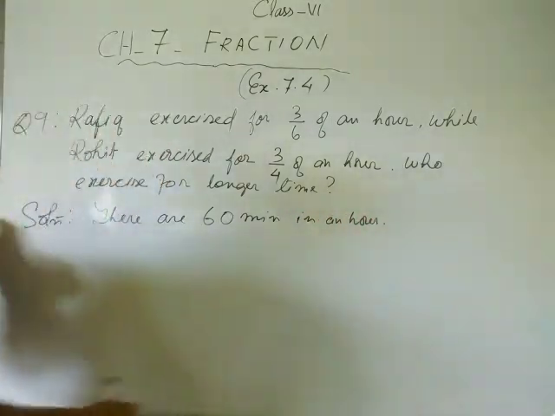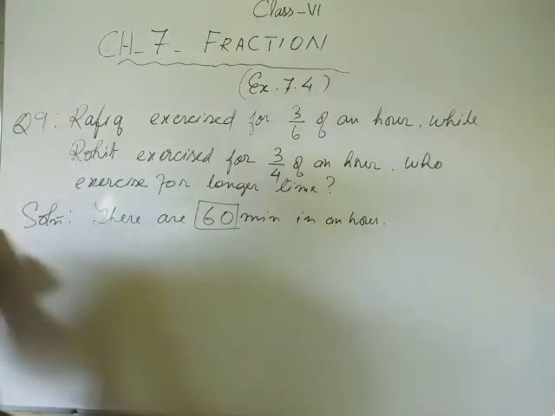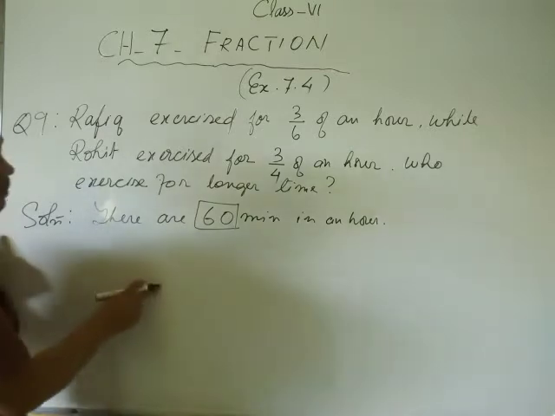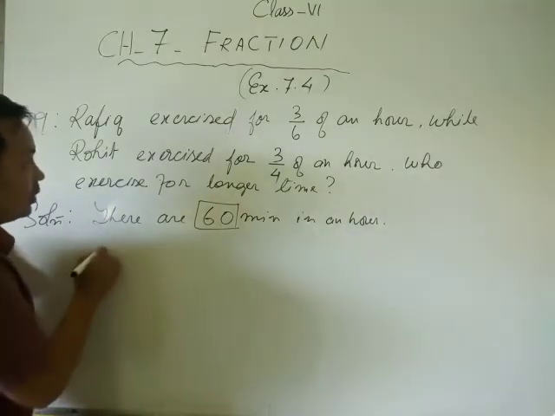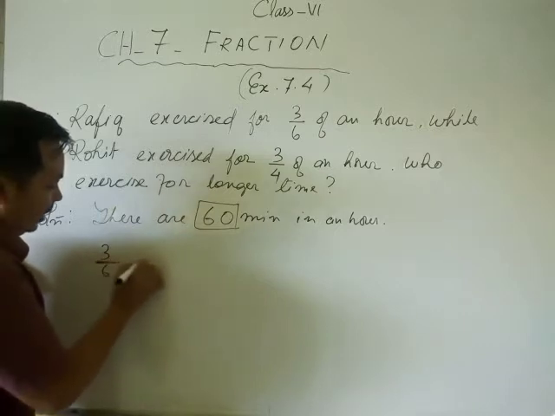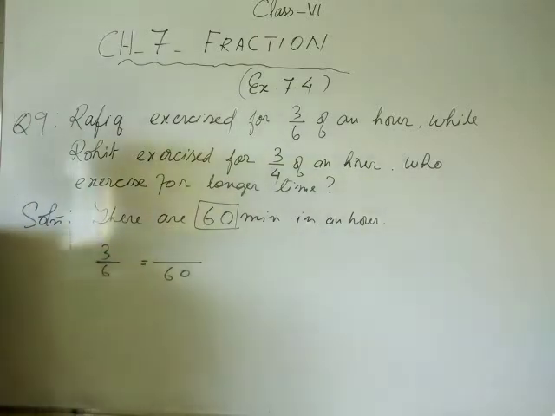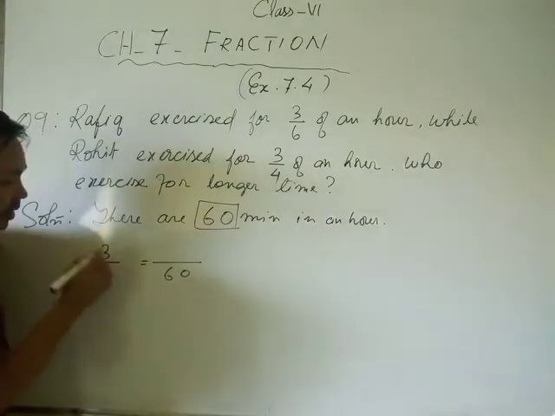Let us try to do it. That means we will take this number 60. Okay. Now we are going to convert 3 by 6 with 60. Understand? That means how many minutes?